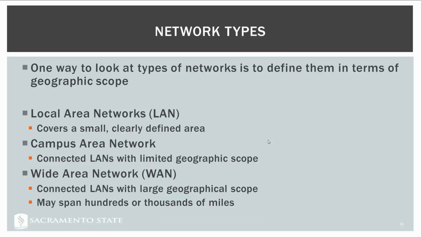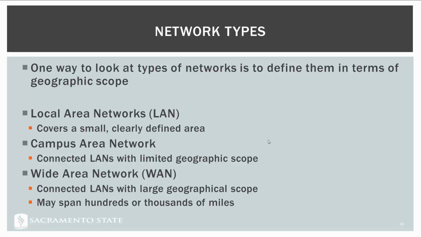When we define networks, one way that we can define them is in terms of their geographic scope, in terms of how large or small an area a network covers. One of the most common types of networks is a local area network, sometimes abbreviated as LAN. A LAN covers a fairly small amount of space, usually a house or a building, or sometimes a section of a building.